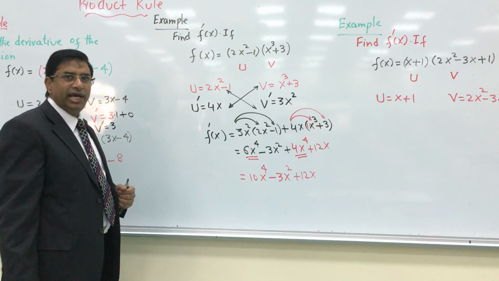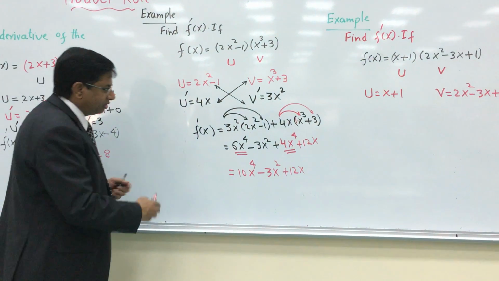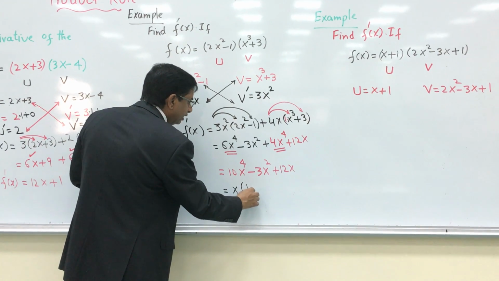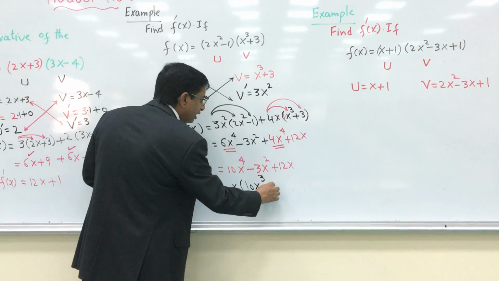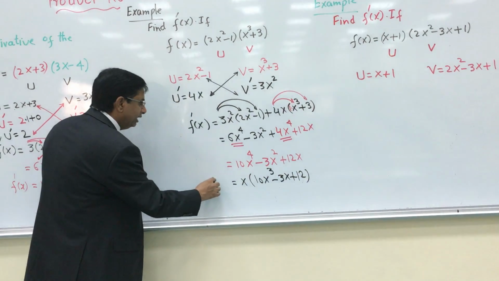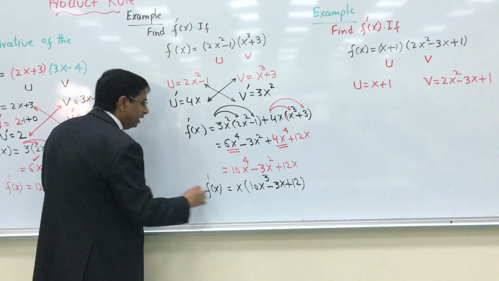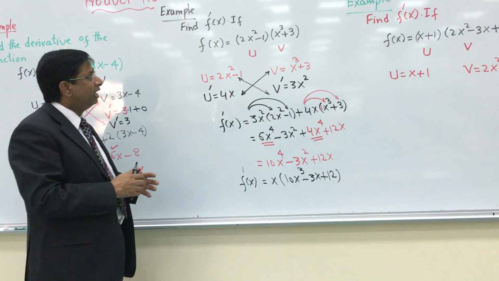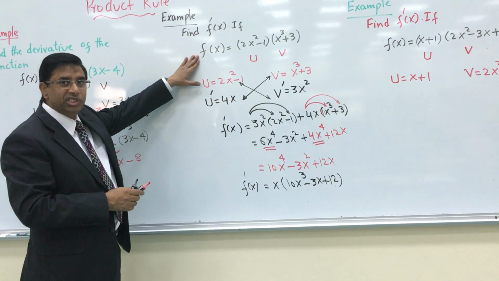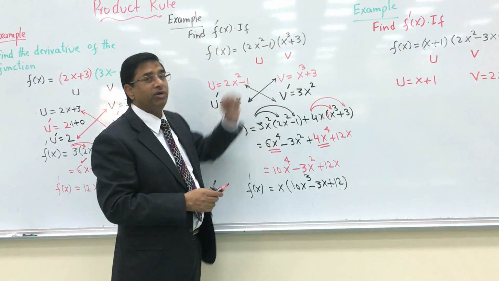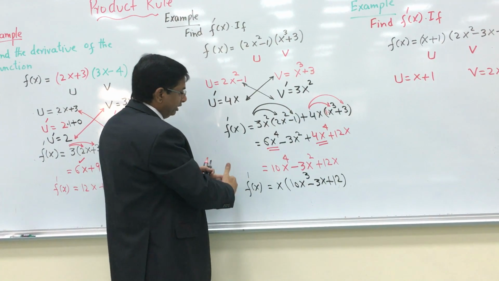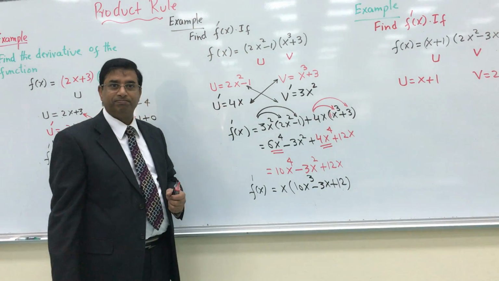We see x is common in all the terms, so it's best to write down x times (10x cubed minus 3x plus 12), and this is f prime of x. Okay, so this is the derivative of the given function f of x, which is a product of two differentiable functions. Remember, both are differentiable functions.